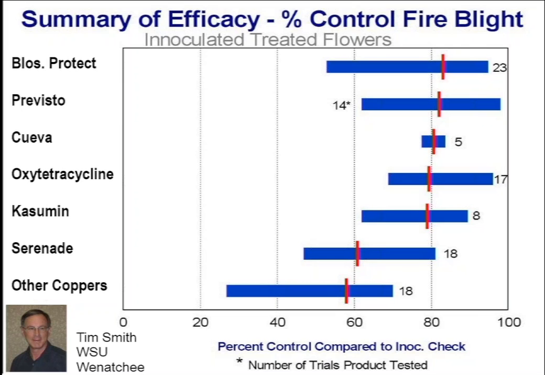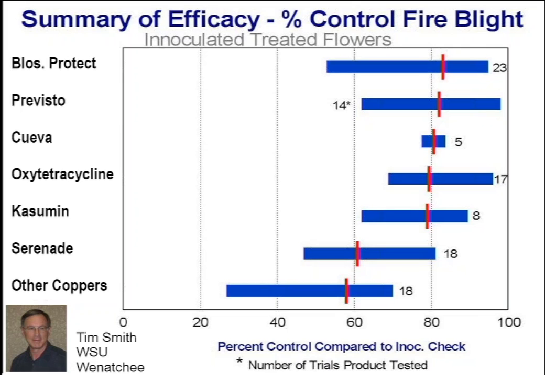What the blue bar indicates is the range of percent control that I've had in the trials that I've run. And that number by that blue bar is the number of trials that are in that range. So to take the top blue bar, it says 23. Well, there's 23 tests of Blossom Protect in either apples or pears that I've included in that bar.